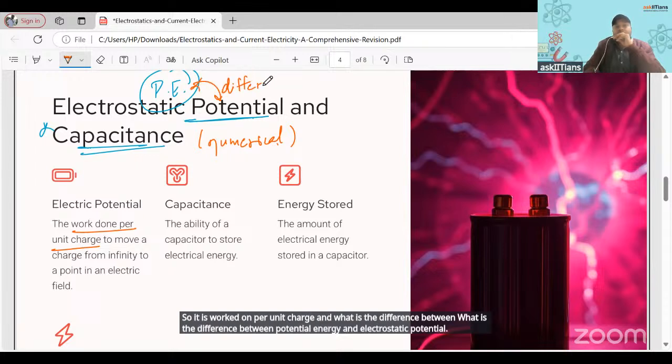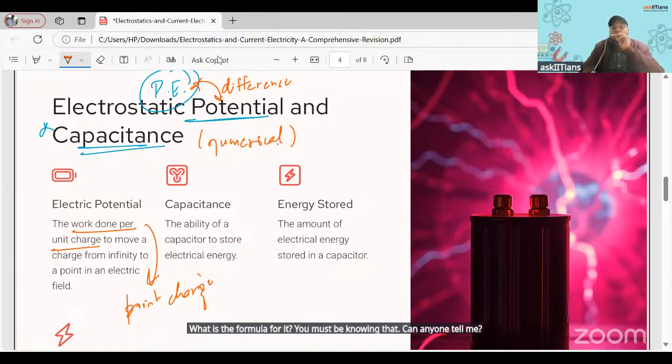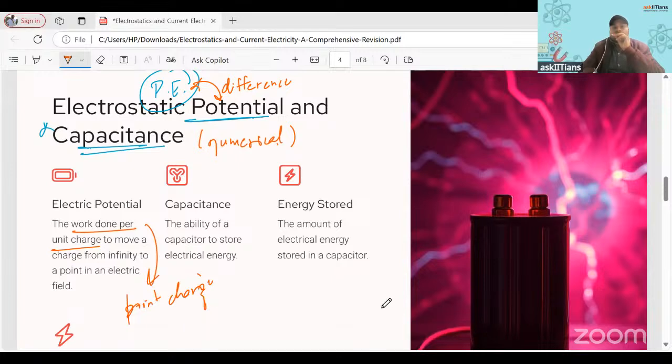You must be clear on that difference. And what is the electrostatic potential due to a point charge? What is the formula for it? You must be knowing that. Can anyone tell me?